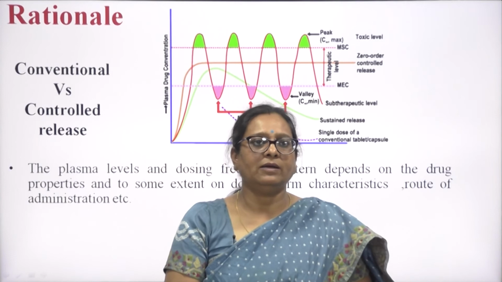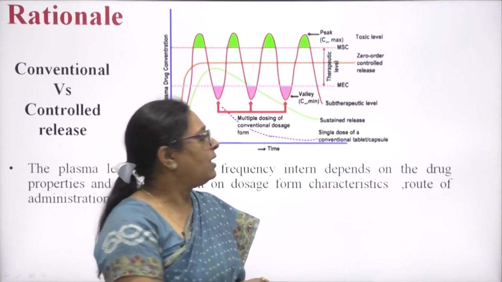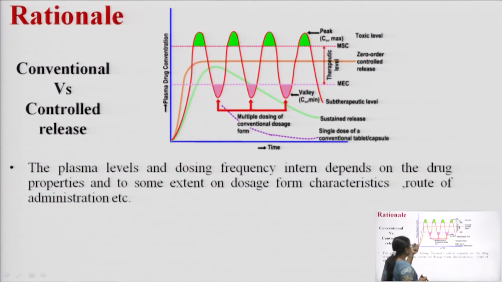To understand the rationale of controlled drug delivery, let us look at the plasma concentration versus time profile. This is a graph between plasma concentration and time, and we can very well see two defined levels of drug in the plasma: the minimum effective concentration and the maximum safe concentration.